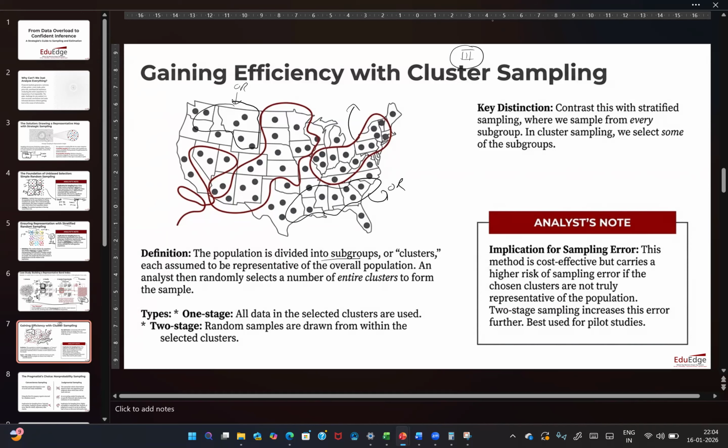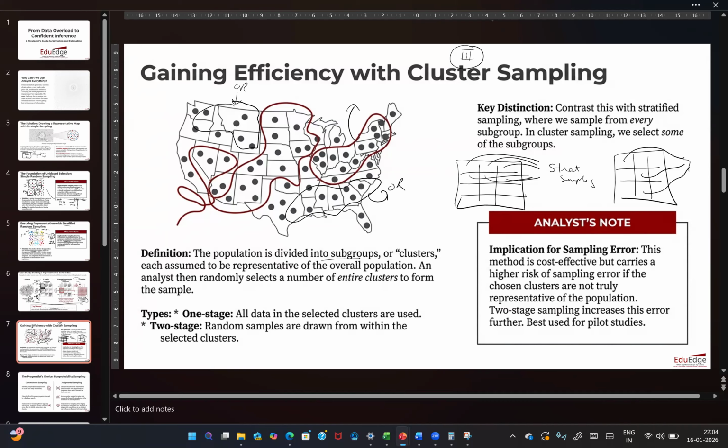Now, how does it differentiate from stratified sampling? Please note in stratified sampling, you are dividing the entire population into strata. And then from each strata, you want representation. So that is stratified sampling. In the case of cluster sampling, suppose you have divided the population into clusters, we are only selecting some of the subgroups.